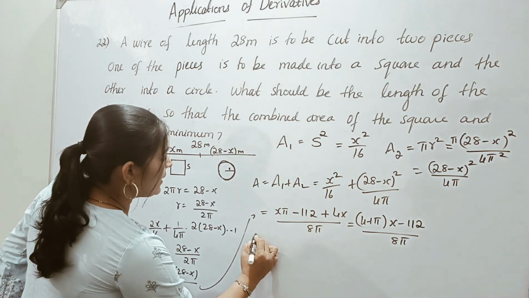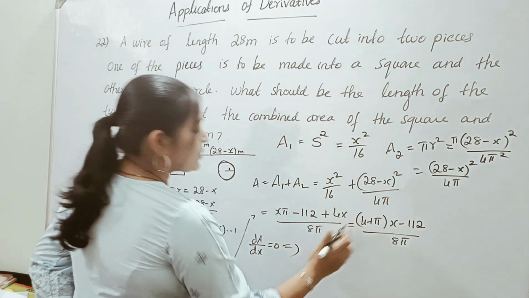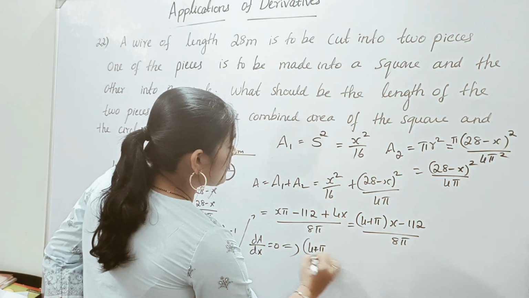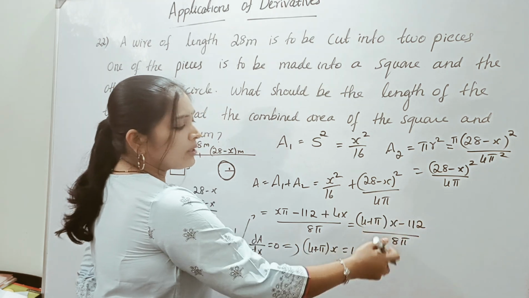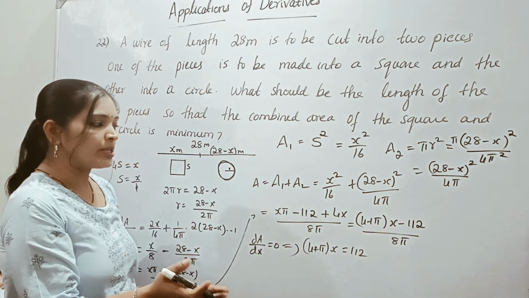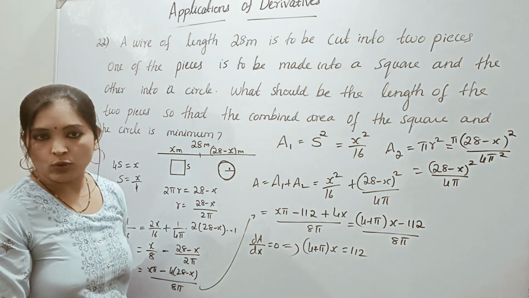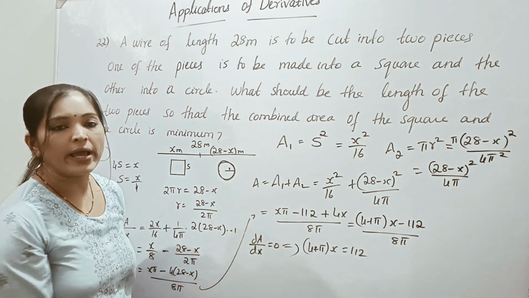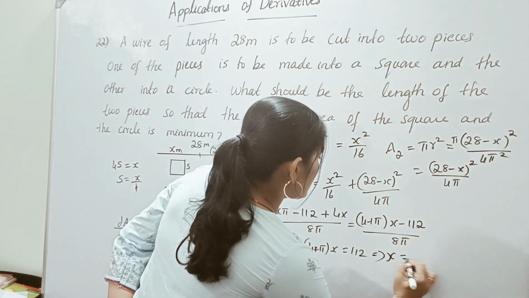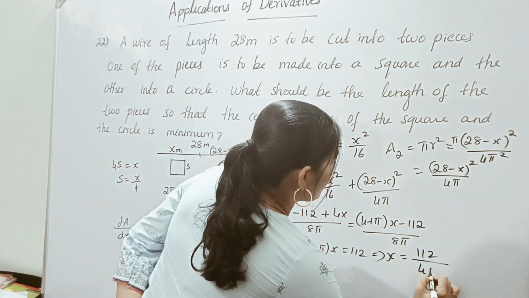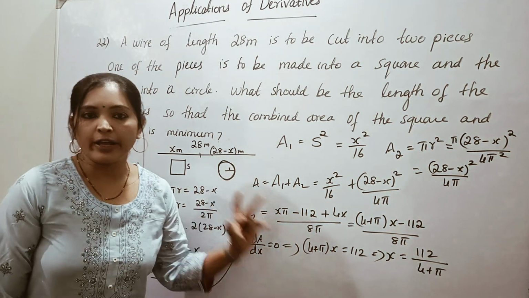Then dA by dx is equal to 0 implies (4 plus pi) into x minus 112 is equal to 0. That means (4 plus pi) into x is equal to 112, that implies x is equal to 112 divided by 4 plus pi. So here we have found the value of x.